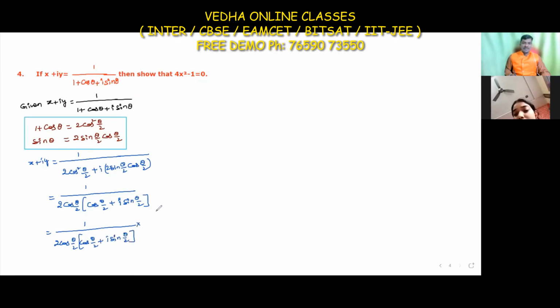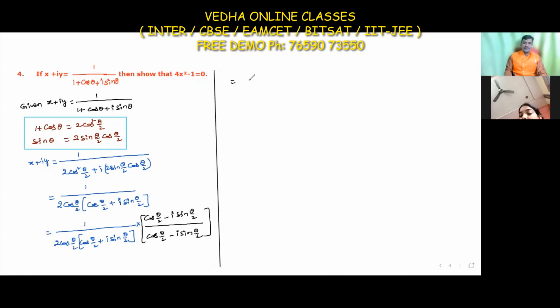Multiplying and dividing by the conjugate, cos theta by 2 minus i sin theta by 2.